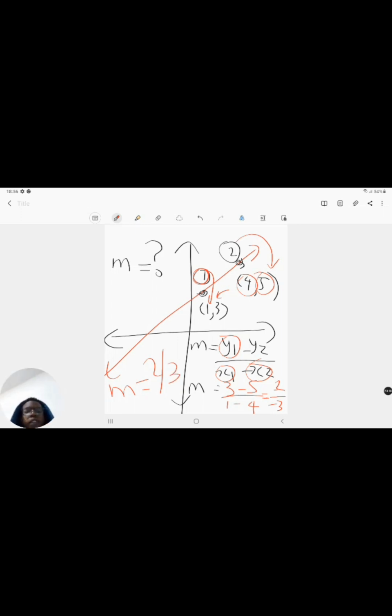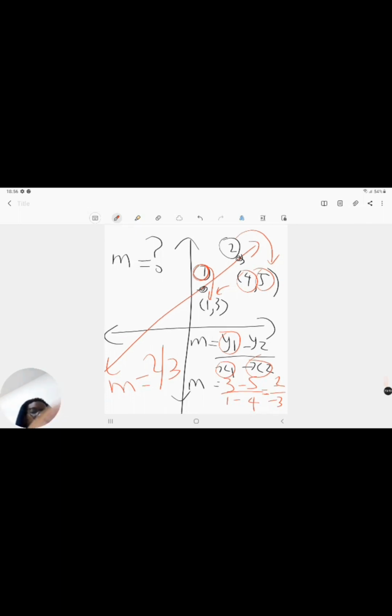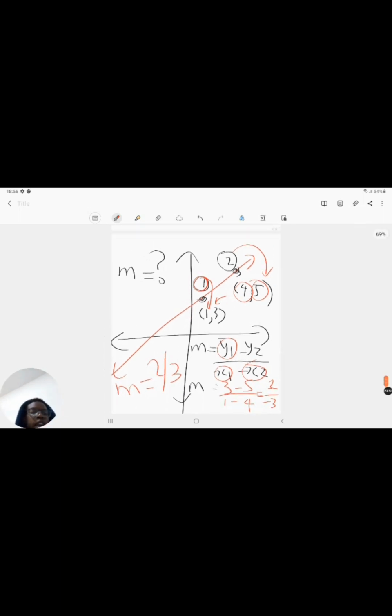This is very basic. Now let's combine the gradient and the y-intercept and talk about them both at the same time.